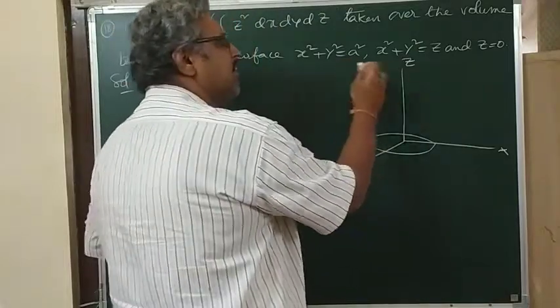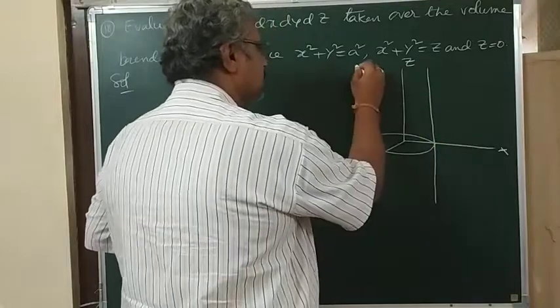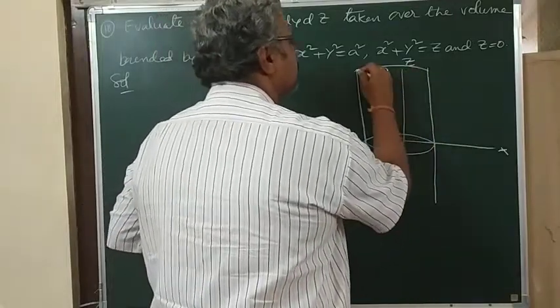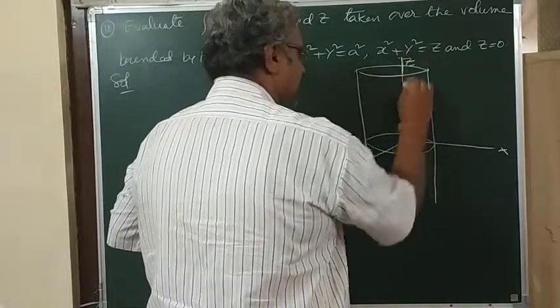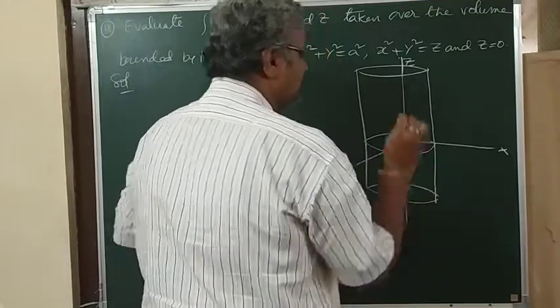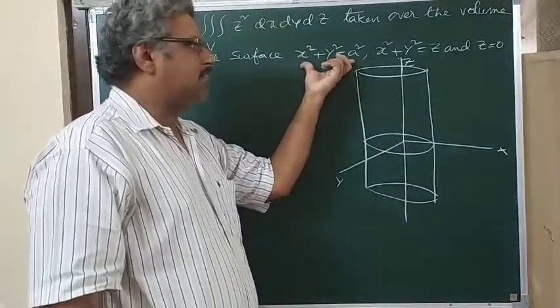But the z value is not given. That's why z can take any value. This is nothing but a cylinder. First one is a cylinder.